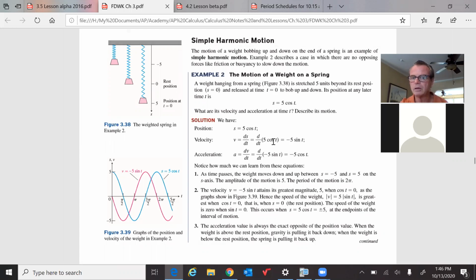The velocity would be -5 times sine t. Are we getting that? Derivative of the cosine is negative sine. The acceleration is the derivative of velocity. Derivative of sine is cosine. So it tells you. What about position? The weight moves down and up between -5 and 5.